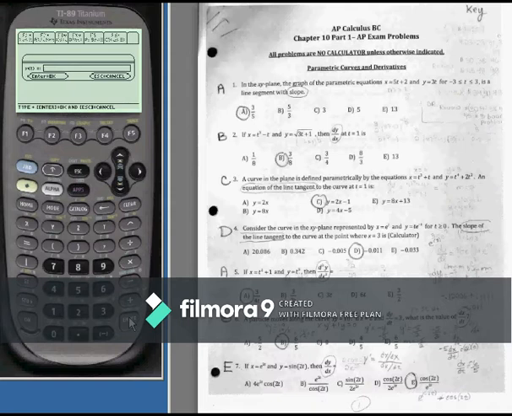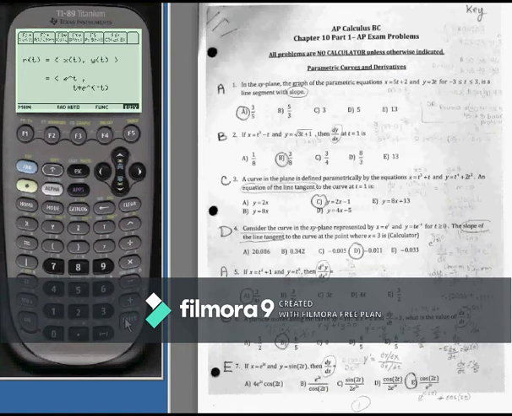What is it? t times e to the minus t. Alpha t times e to the minus t. Okay, that looks good.